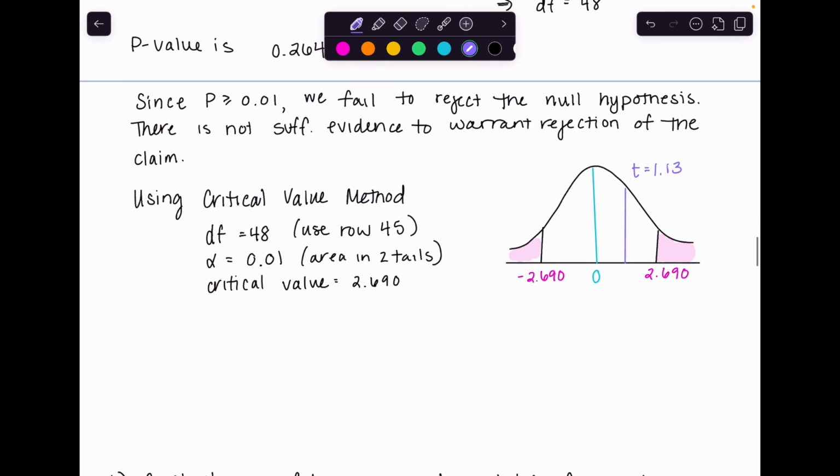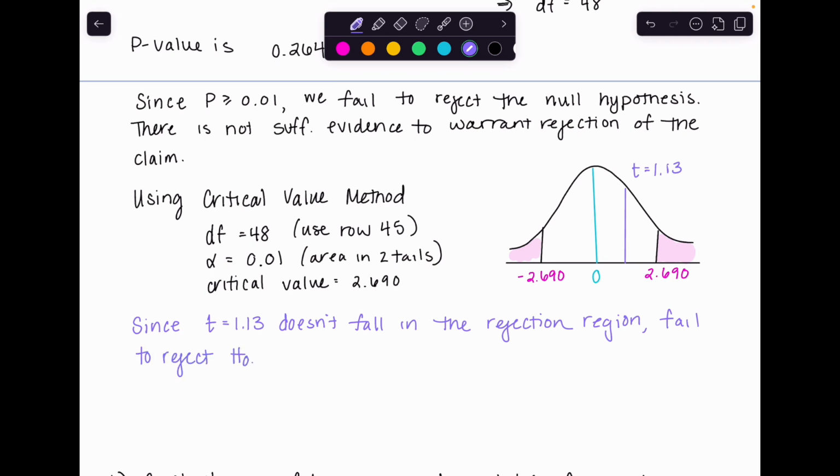Since this test statistic doesn't fall in the rejection region, we fail to reject the null hypothesis. So it's the same exact conclusion, but easier to do because we're finding those rejection regions.